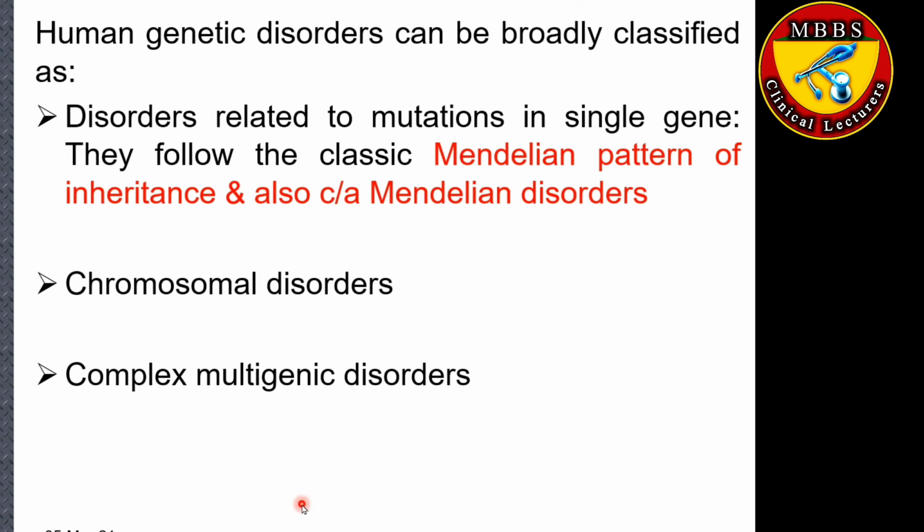Then the second class is the chromosomal disorders. You know that normally we have 46 chromosomes: 44 autosomes and 2 sex chromosomes. If there is any alteration in the numbers of the chromosomes, like deletion or insertion, those are numerical alterations, or there might be certain structural alterations.